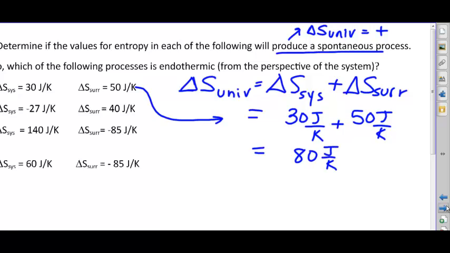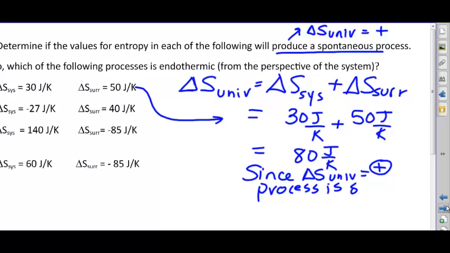So since it's positive, A is spontaneous. Yeah, you just add them. Okay? So since delta S of the universe is positive, the process is spontaneous.